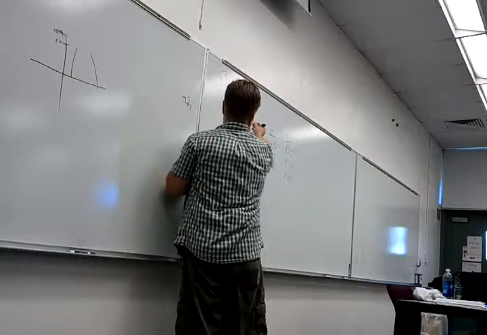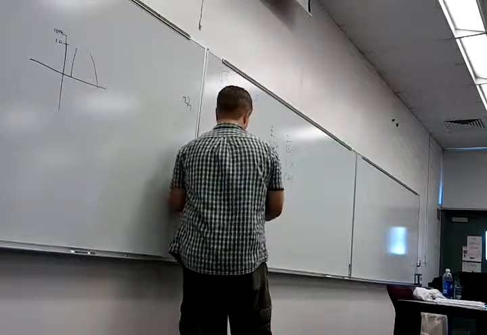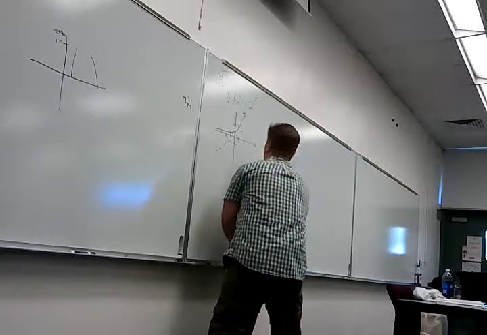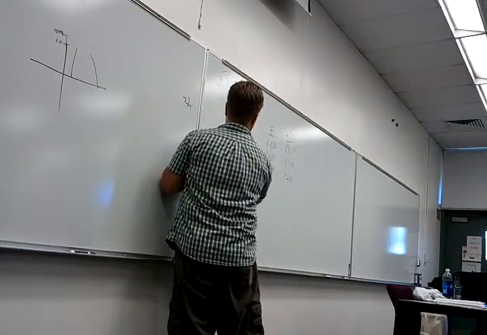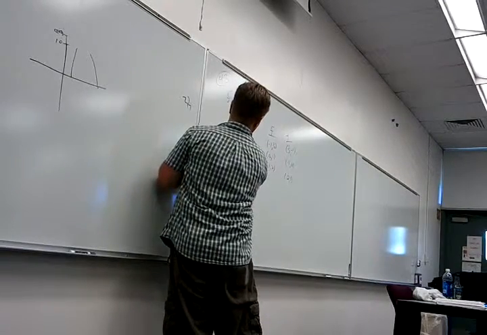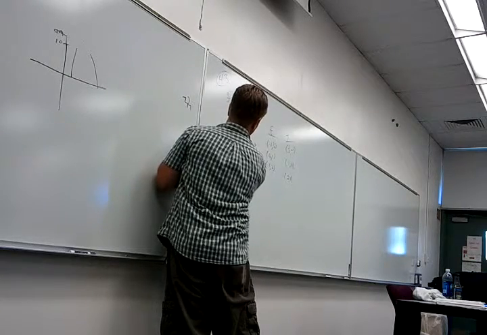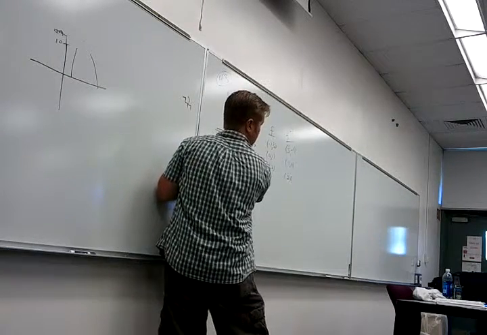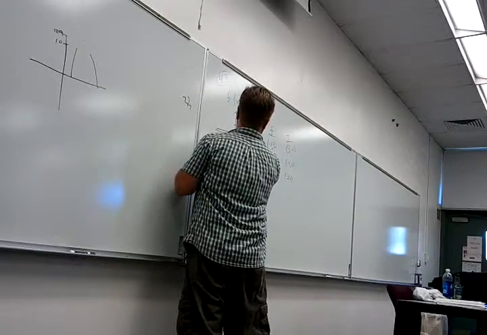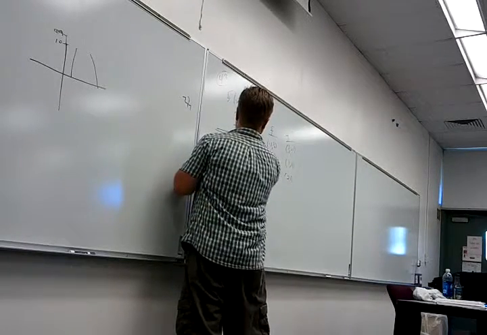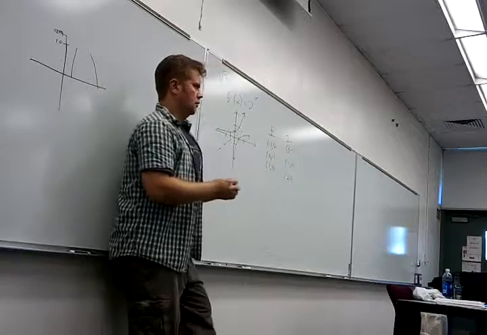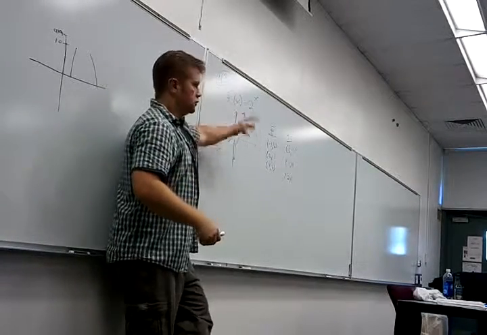And it's got to be symmetric here, right? And you can see that if I kept going, -2 would be 1/4. So 1/4 would go to -2. You can see that this is going to be asymptotic here, so it's going to be like this. So you can see that symmetry there.